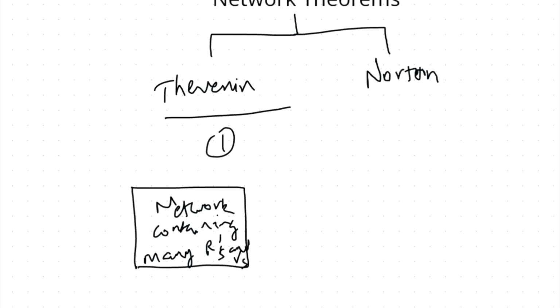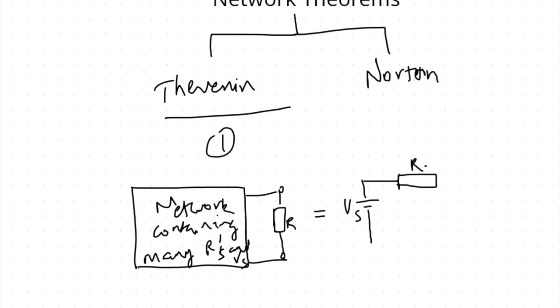Like let's say we're measuring this across a resistance R. This can be simplified to a single linear circuit with a single voltage source, which is Vs, and we have Rs, and this is RL.